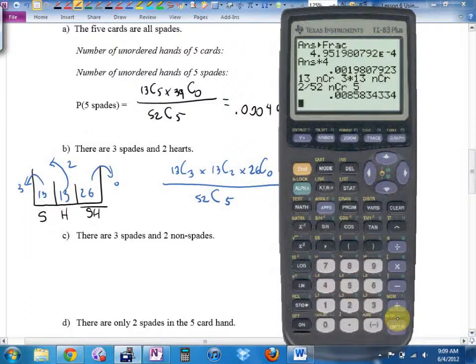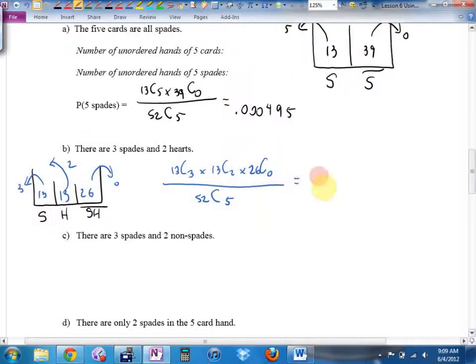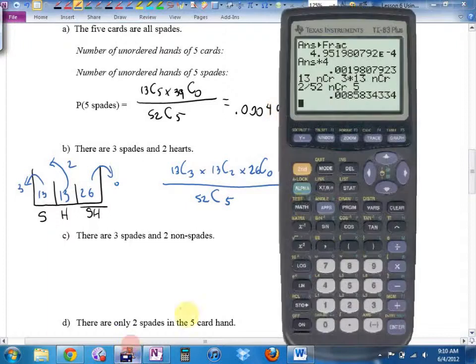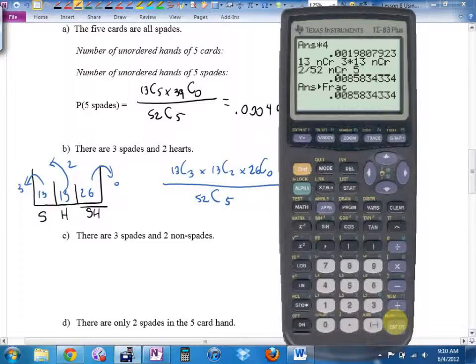You get 0.00858. Way better odds than that one. Does that one go as a fraction? Nope. There's limits to what the software can handle.